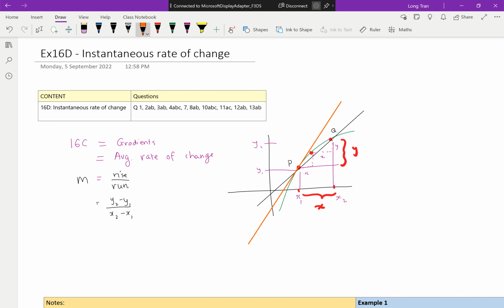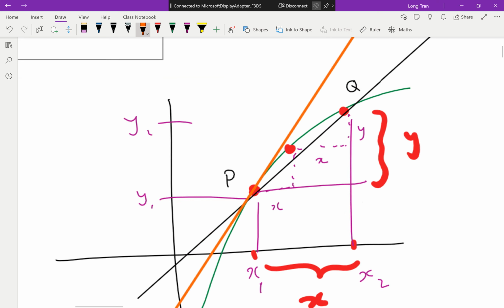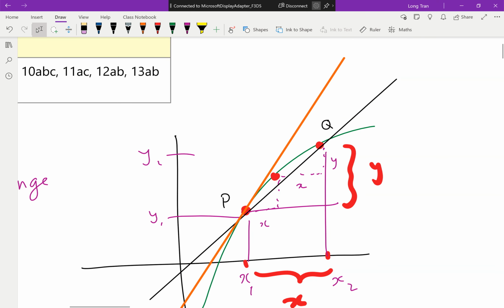Okay, so in this exercise, what we see here is that the two gradients are quite different. The orange one is at P, whilst the black line over here, this is the gradient at P to Q. We need 2 points to make a gradient. So how do I get this hypothetical orange line?